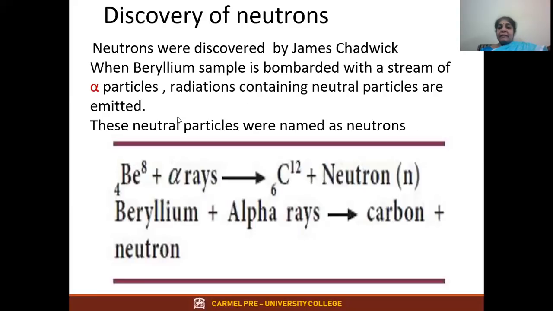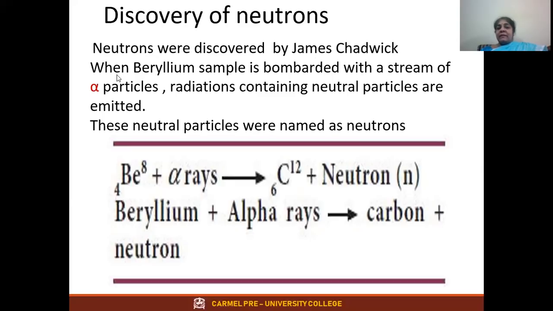Okay, next. We finished with the discovery of electrons and of protons. Now coming to the discovery of neutrons. Neutrons were discovered by James Chadwick.